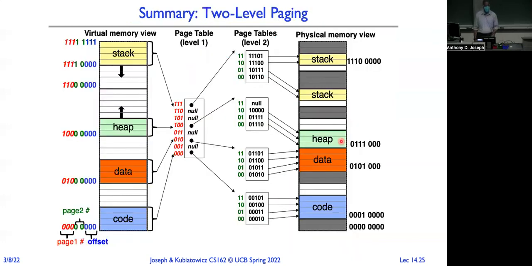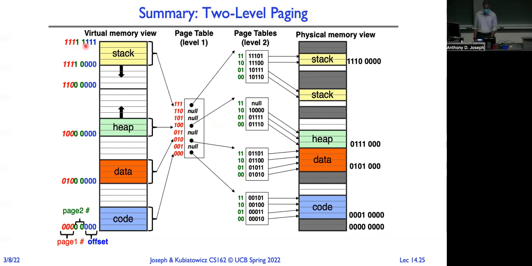Okay, so summary for two-level paging is before we just had one table in the middle that kind of mapped any page on the left to any page on the right. Now we're going through a top-level page table and then going through a second-level page table. So you can see here, I've divided up our addresses into 3 fields.